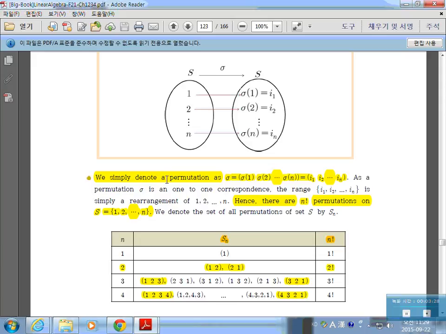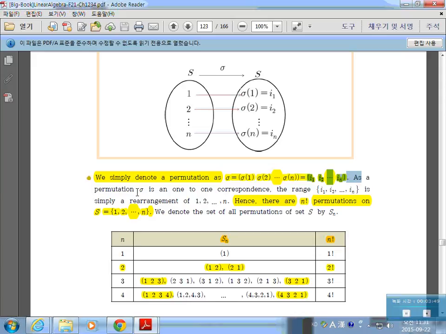We simply denote a permutation sigma as sigma of 1, sigma of 2, up to sigma of n, which can be written as i1, i2, ..., in. I will write this down on the board. As you see, the permutation can be written in this way simply.